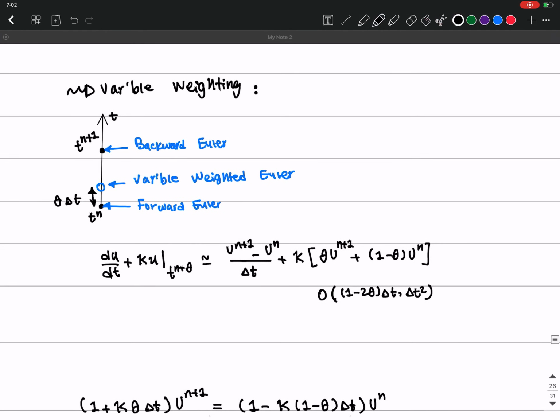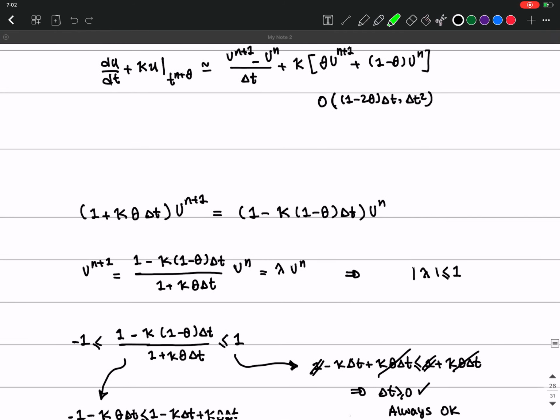So first, we started with this variable weighting method, and we tried to find stability criteria for that.